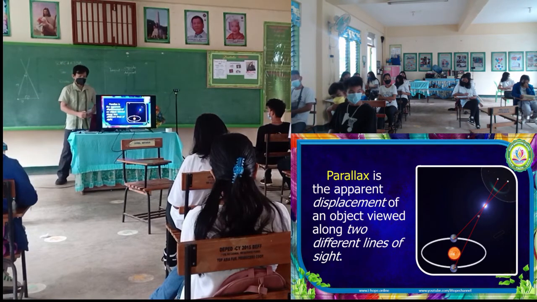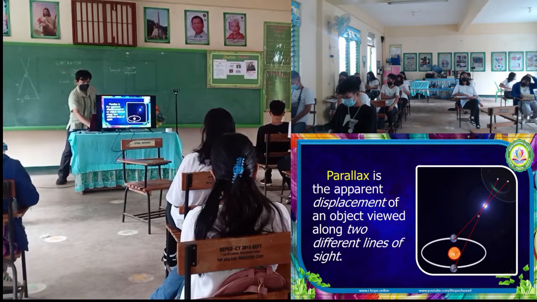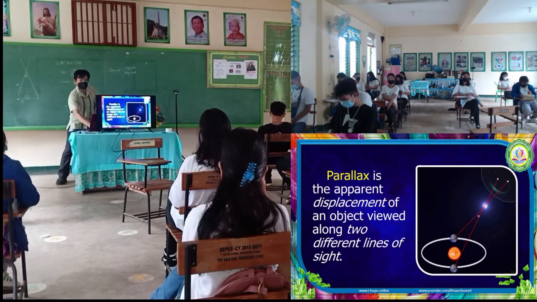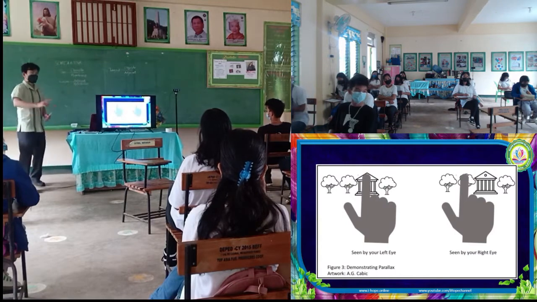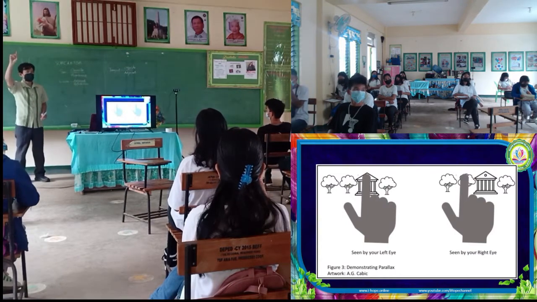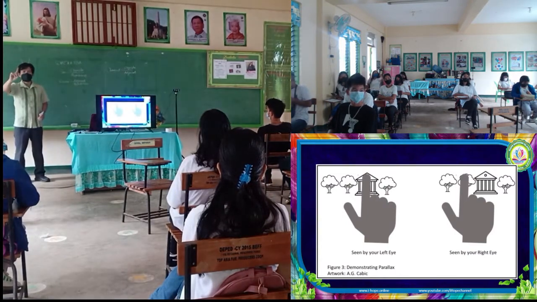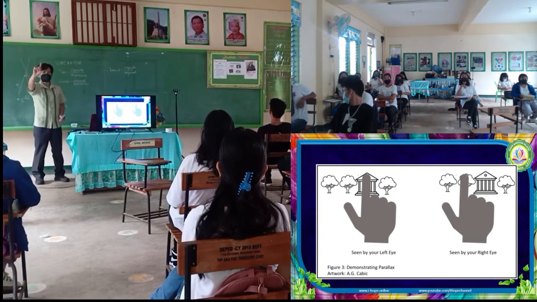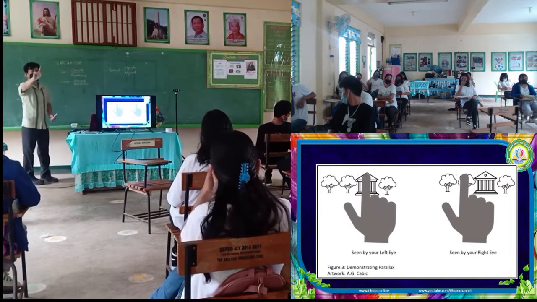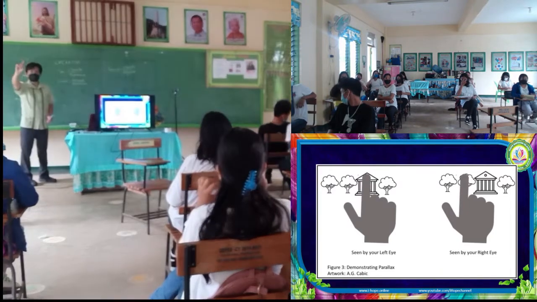Therefore, he will have two different lines of sight. For a demonstration, a parallax is simply done by extending your arm and looking at your finger against the background of a distant object.